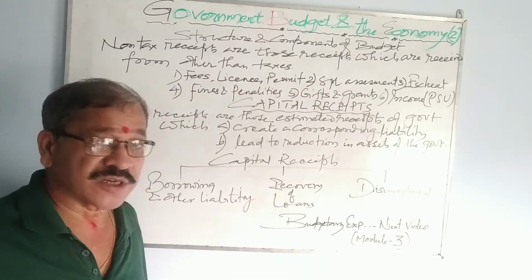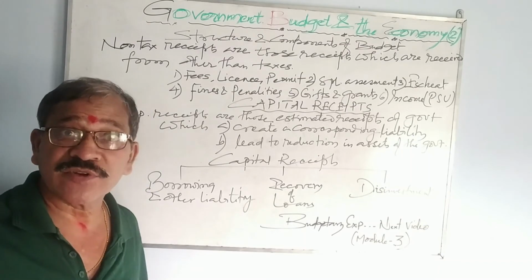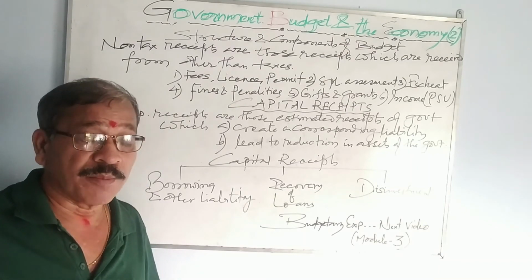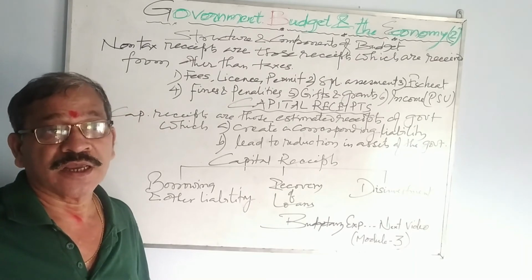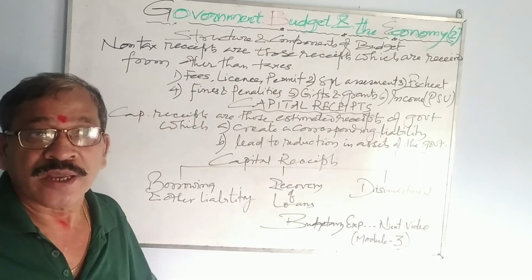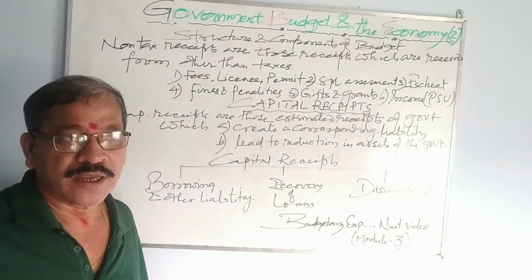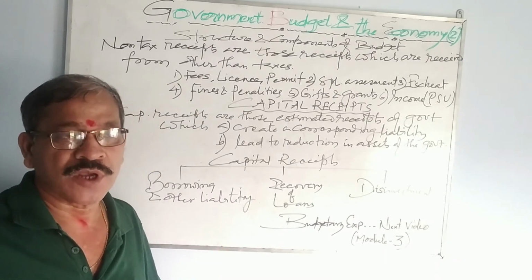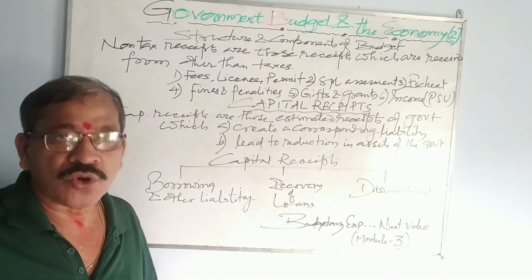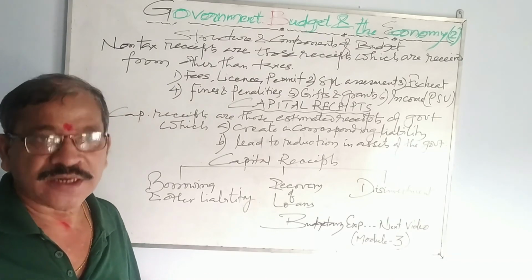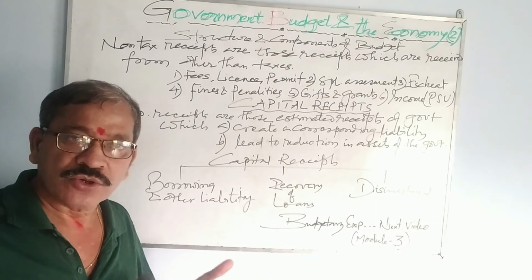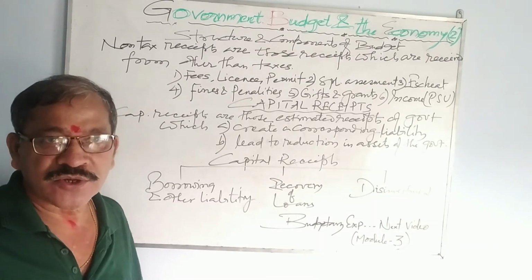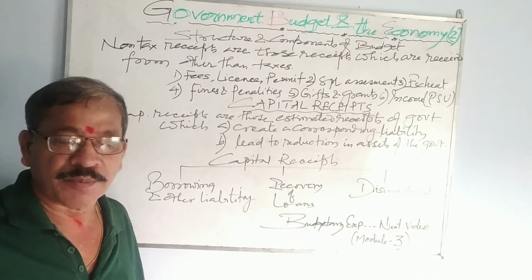Then disinvestment. What is disinvestment? Disinvestment is a process in which a part of the public sector is sold to a private sector. Any PSU, if a small part of it is sold out to a private sector, that means you are getting the money because you are selling a part of your company.